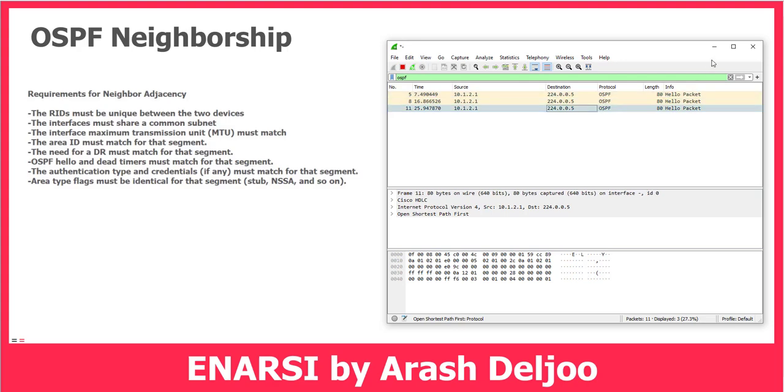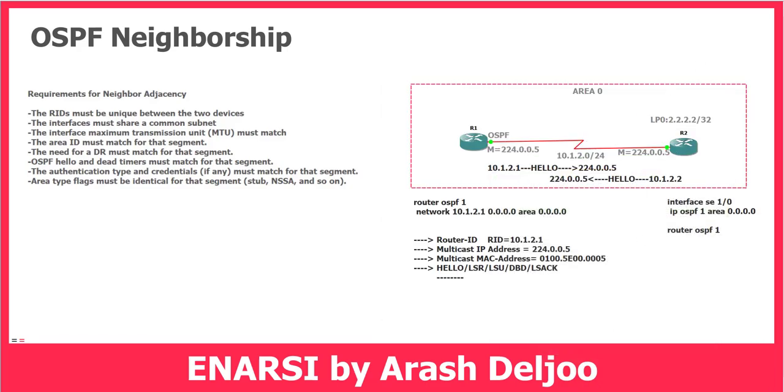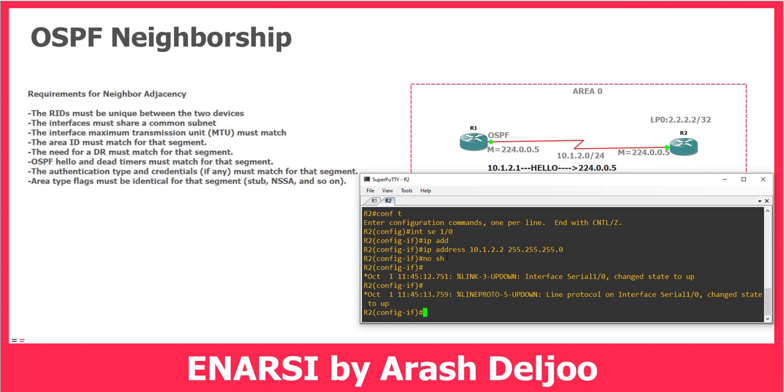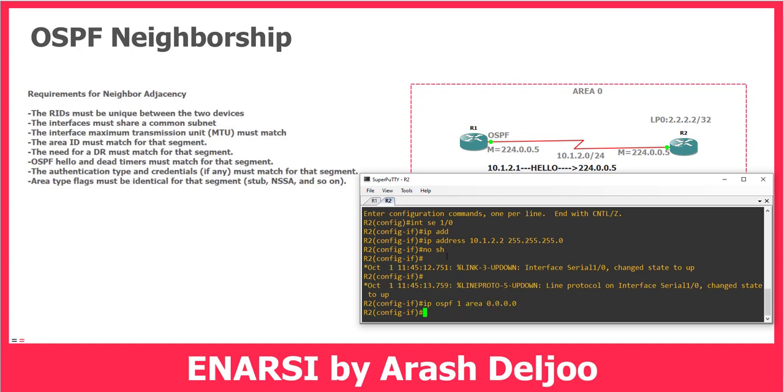After that, we should enable OSPF on the next interface, on router 2. As you know, on router 2 I didn't configure OSPF at all. Here, I'm going to configure ip ospf 1 area 0. You will see that here we will have one neighborship.